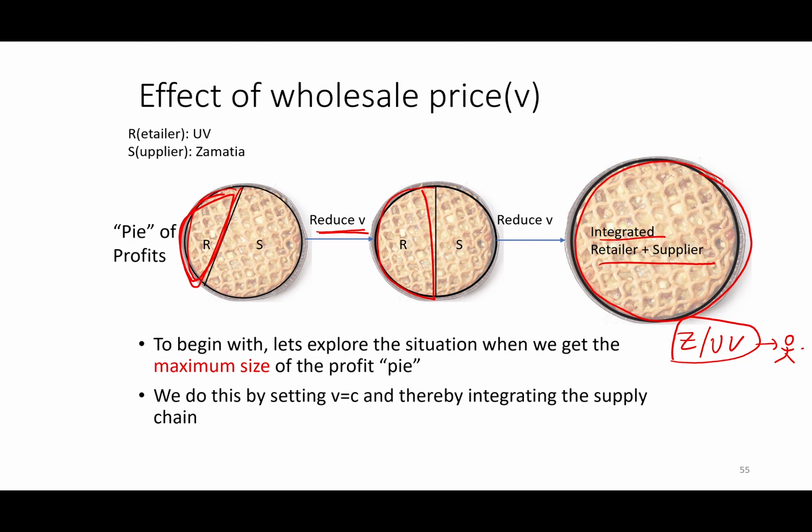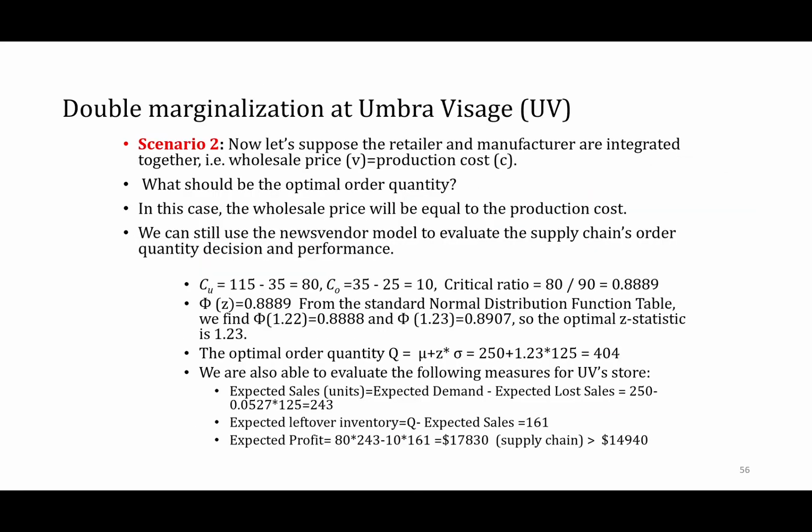So we need to understand the situation when they are integrated. We do this by setting V equal to C, that is, the wholesale price V is equal to the cost of manufacturing the sunglasses, which is $35. We call this the integrated supply chain.